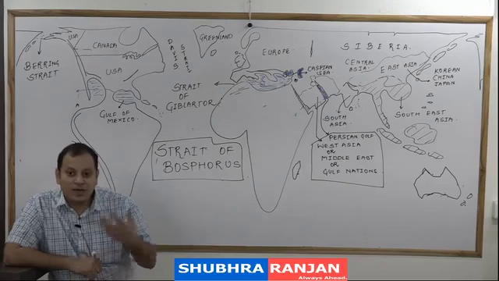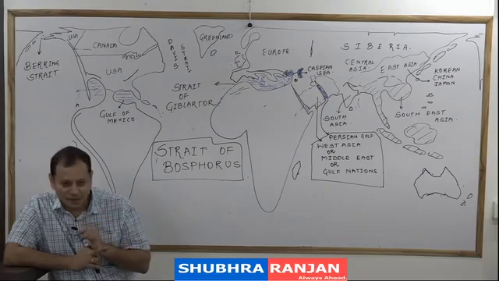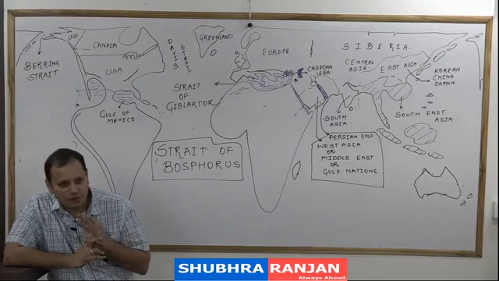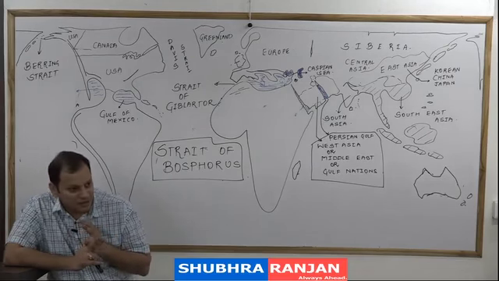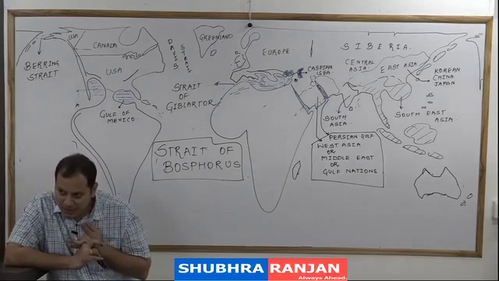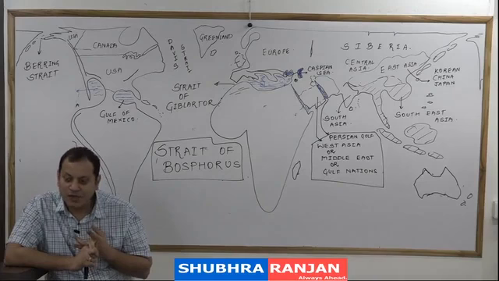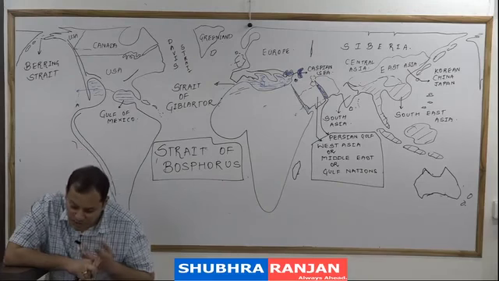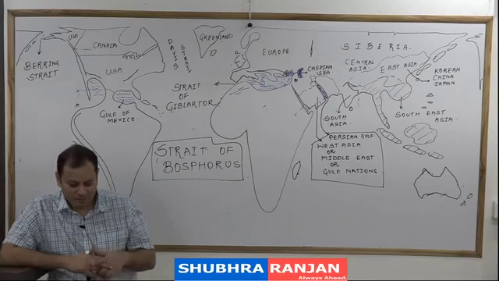So the highest point of Asia or India, can I say, is in the Himalayas? Yes. The highest point of North America is in the Rockies. The highest point of South America is in the Andes. But the highest point of Europe is not in the Alps. It is in the Caucasus Mountains, and that is known as Mount Elbrus.